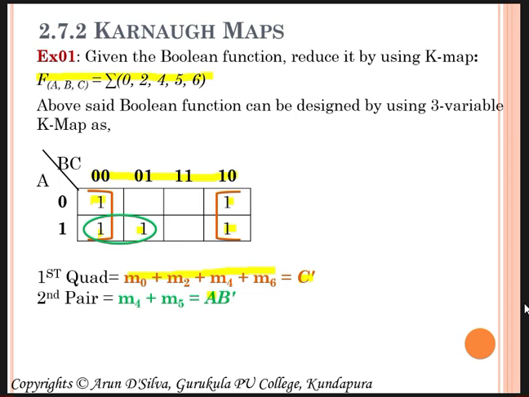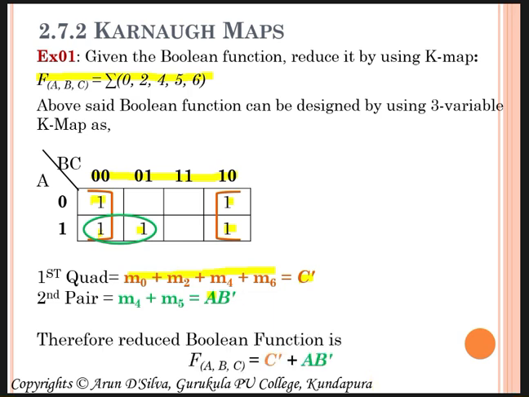Now, how to write the reduced equation? As you know, this Boolean expression is in SOP format. For the final reduced equation, we have to take each reduced minterm into SOP format.